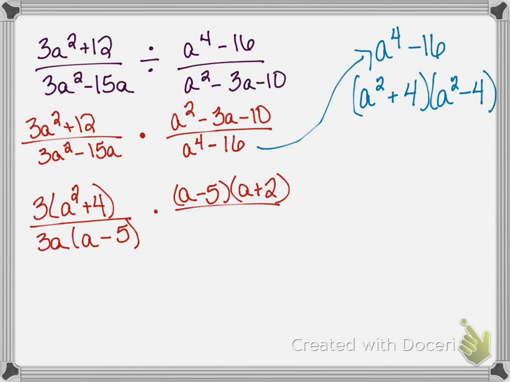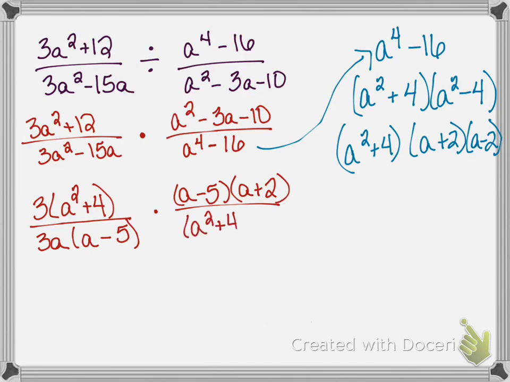But what is a squared minus 4? So I have to keep going, and sometimes students forget. So I have a plus 2 times a minus 2. So be sure you factor that completely. So I have a squared plus 4 times a plus 2 times a minus 2.